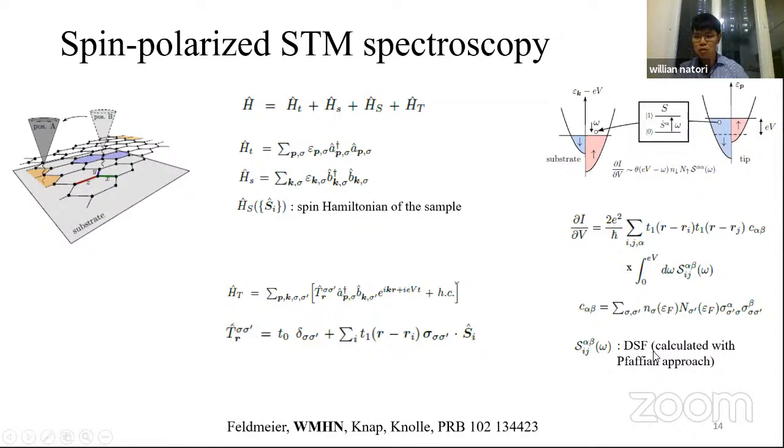This is the one that we calculated in the neutron scattering studies. One technical detail is that since we are interested in edge states, we have to do all computations in real space. And in this case, if you want to have something exact, the Pfaffian approach is the best approach to calculate these dynamical structure factors. So that's why we introduced these rather than other techniques.